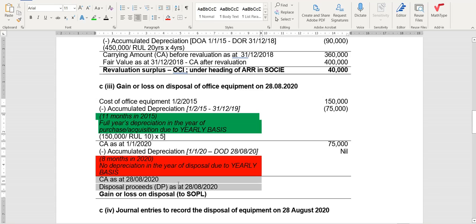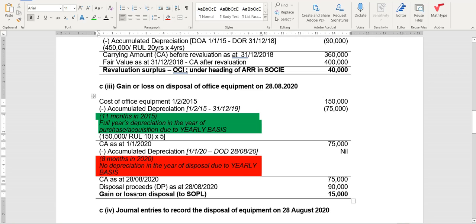So the carrying amount as at 28th of August remains at 75,000. If let's say this is not a yearly basis but a monthly basis, you would still need to provide depreciation. You compare with the disposal proceeds and you will get 90,000.